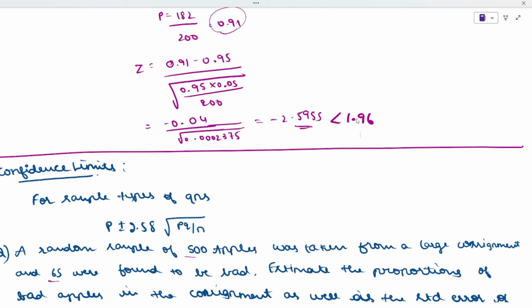I hope you got this. That means it is a negative number, right? So it is lesser, which means it is accepted.